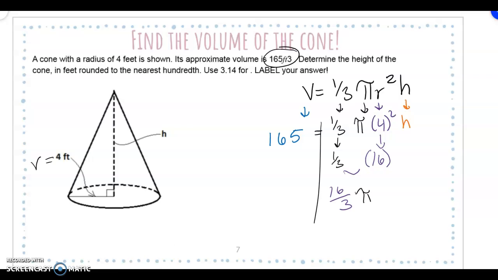And pi h, bring all those down, and the 165. Now what I need to do to get rid of this, since they're all multiplied, I need to do the opposite, meaning I need to flip the fraction upside down. So I'm going to multiply both sides by 3 over 16.